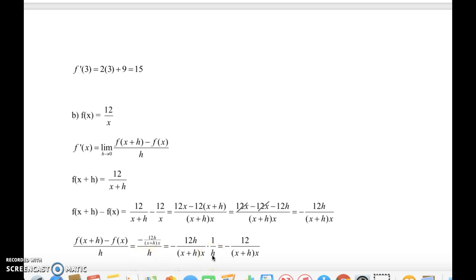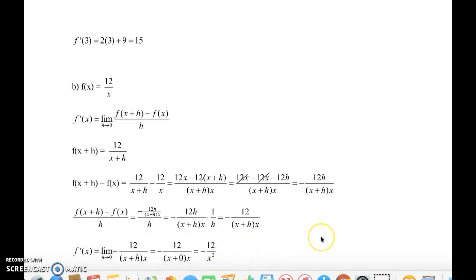And when we multiply those two things, this h is going to cancel out with this h on the top. And I'm not going to distribute the x through this x plus h. I'm just going to leave it. Again, your negative sign remains, and I'm left with 12 over x plus h times x, or you can have the x in the front right over here. It doesn't matter where that x is placed.